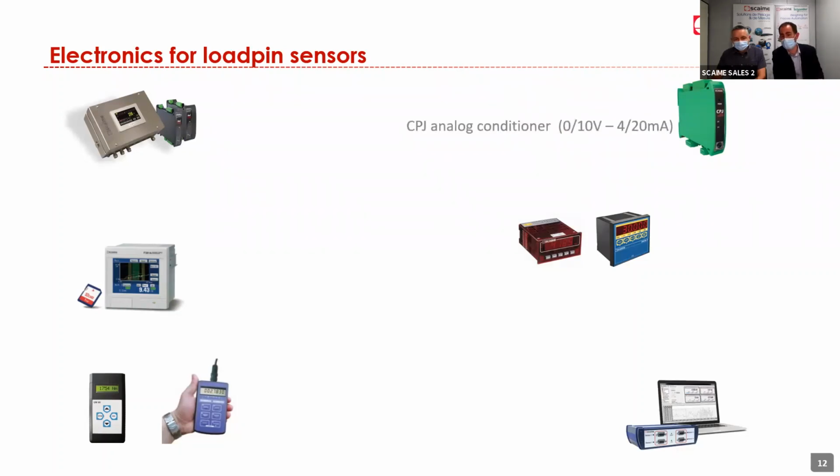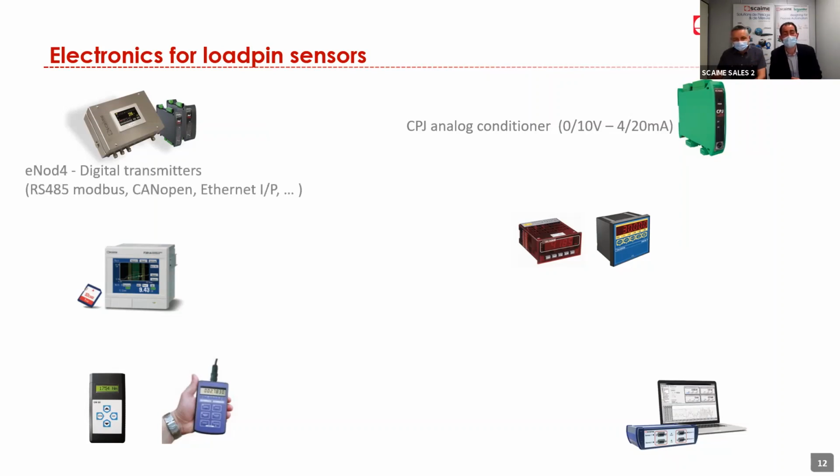At first, our CPJ analog signal conditioner, which is an analog transmitter able to convert the millivolt signal from the load pin into an analog signal, 0-10 volt or 4-20 milliamp. And then you can connect this electronics to your PLC to process the data.